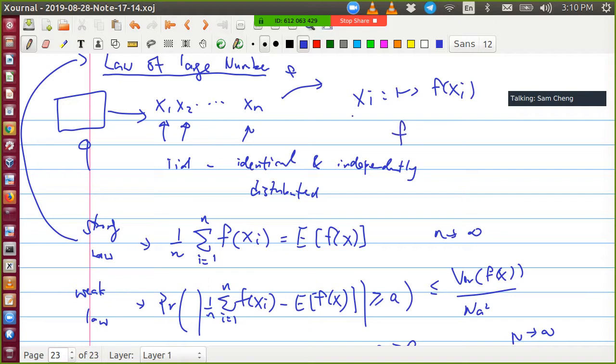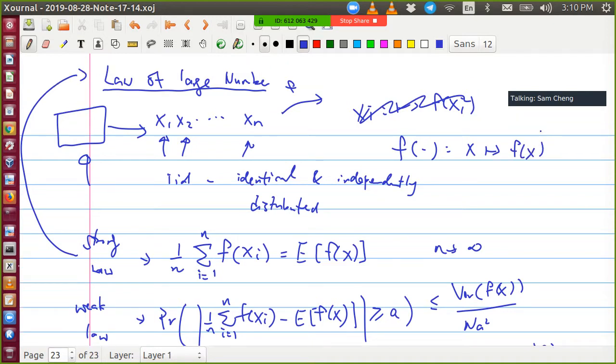Of course, this is not quite correct mathematical notation, and I forgot how to write it more formally, but this function should map to the real space.